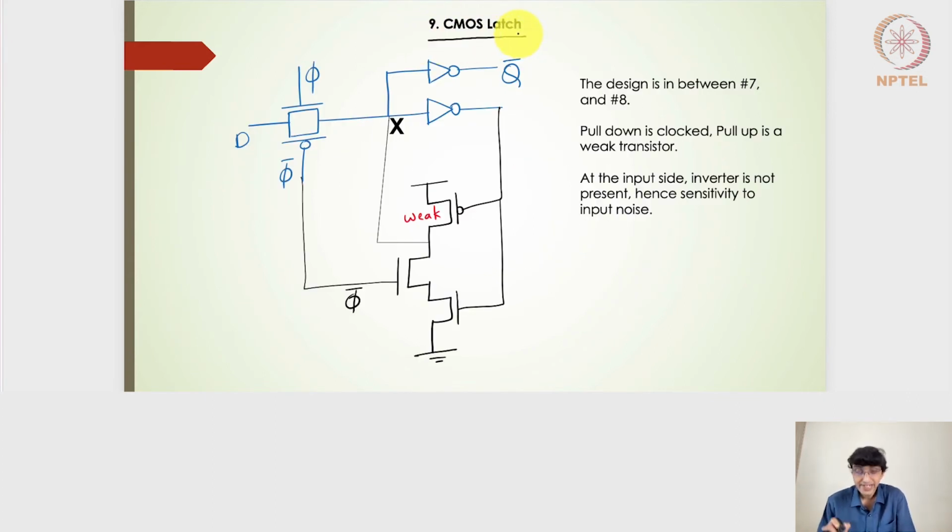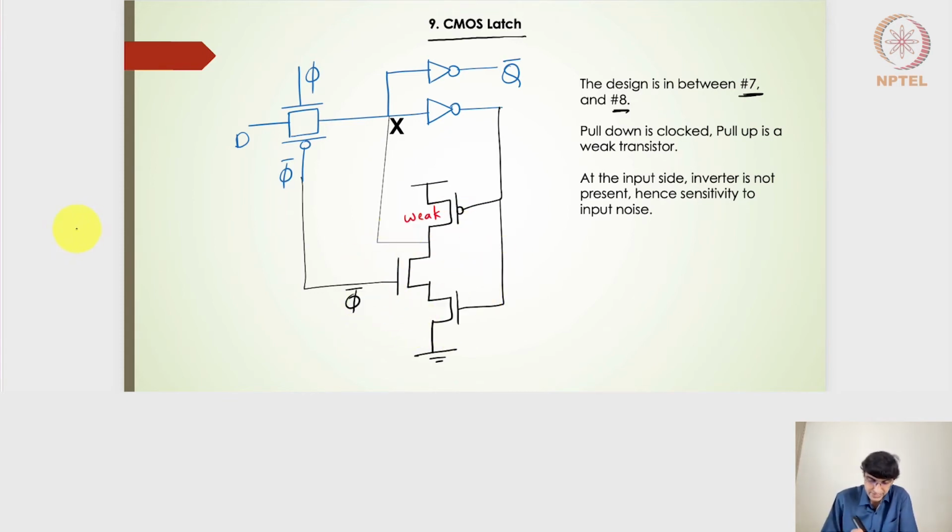This is one more variant of the CMOS latch. Instead of the weak inverter or instead of the tri-state inverter, it is basically a combination of both. So this design is basically between the 7 and 8. So here, if you notice that the pull up part is taken from the weak inverter and the pull down part is taken from the tri-state inverter, right?